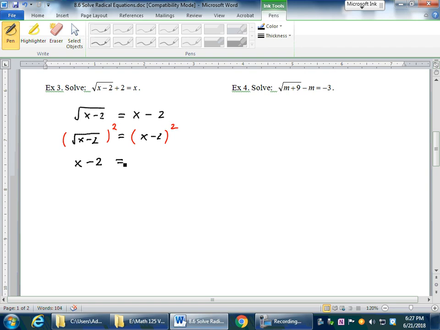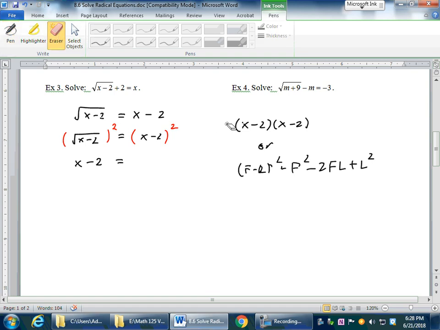Equal to, on the right hand side, you have to be careful because for this part, either you split it out into two factors and FOIL it, or you use the shortcut formula: first square minus 2 times first times last plus last square. So you either FOIL it or use the shortcut formula to simplify that.